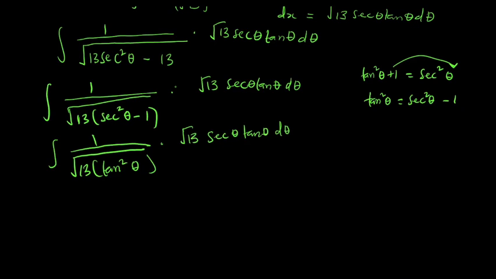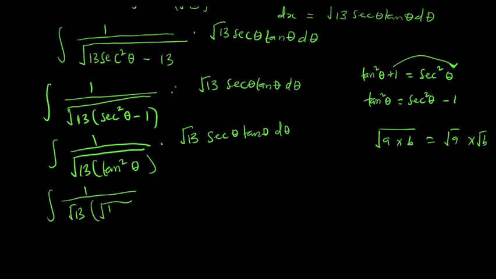So I have another rule that says the square root of a times b equals the square root of a multiplied by the square root of b, right? So I can write this as the square root of 13 multiplied by the square root of tan squared theta, multiplied by the square root of 13 sec theta tan theta d theta.